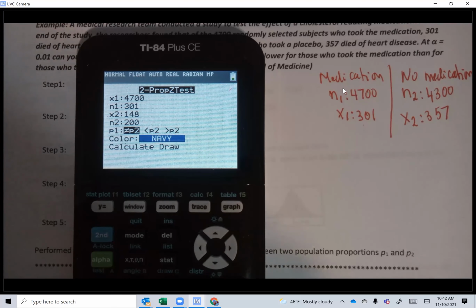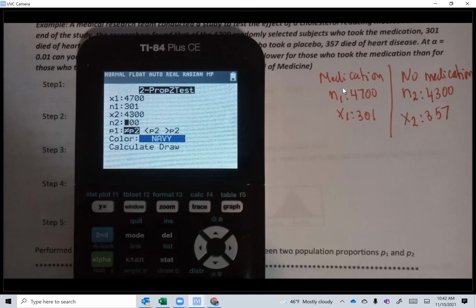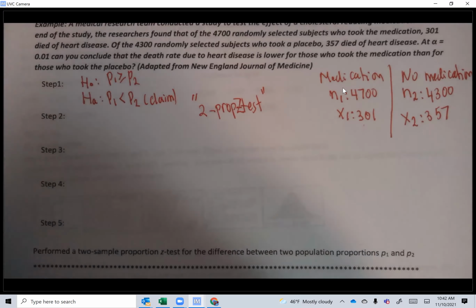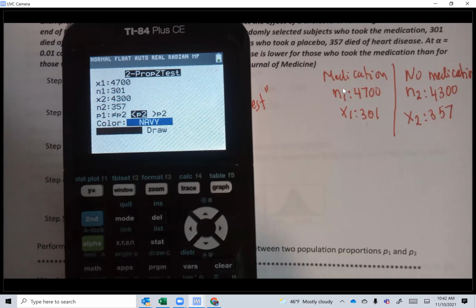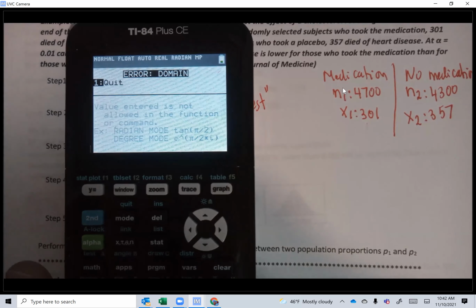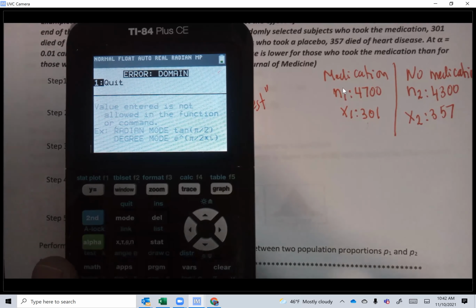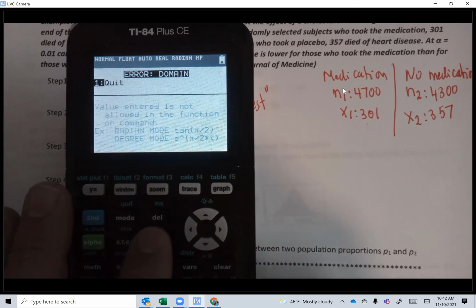Let's say, so don't write this down. We're doing less than. Watch. It says invalid domain. So you just go back and fix things.